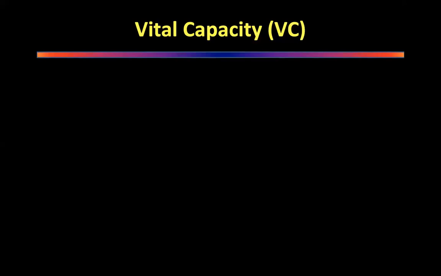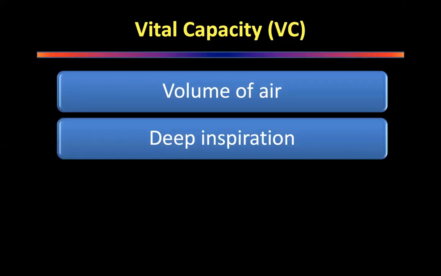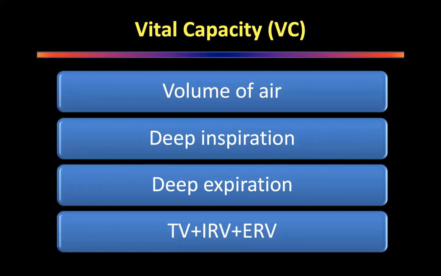So now you combine these volumes to understand what is capacity. Capacity is a combination of these volumes. Vital capacity is the volume of air on deep inspiration and deep expiration. So it is tidal volume plus inspiratory reserve volume plus expiratory reserve volume.